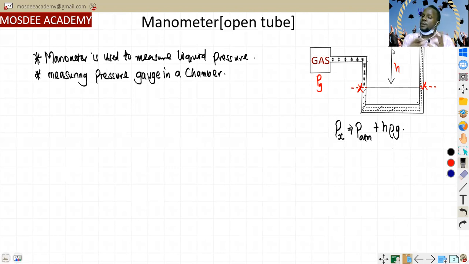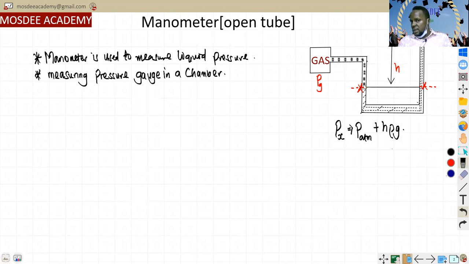Similarly, the gas was released here. You need to keep it at the back of your mind that there are different things you can always consider. The pressure of this gas that is coming here is the same as the pressure at X here, because of the way it is coming.